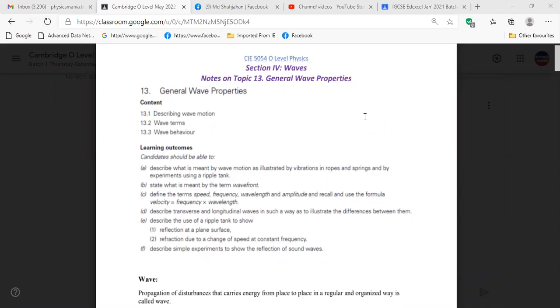So, in this topic we are dealing with some very basic things related to all waves. Sound wave is one kind of wave, and light wave is one kind of wave. Then in our daily life, we experience waves in many places. Like you know about earthquake.